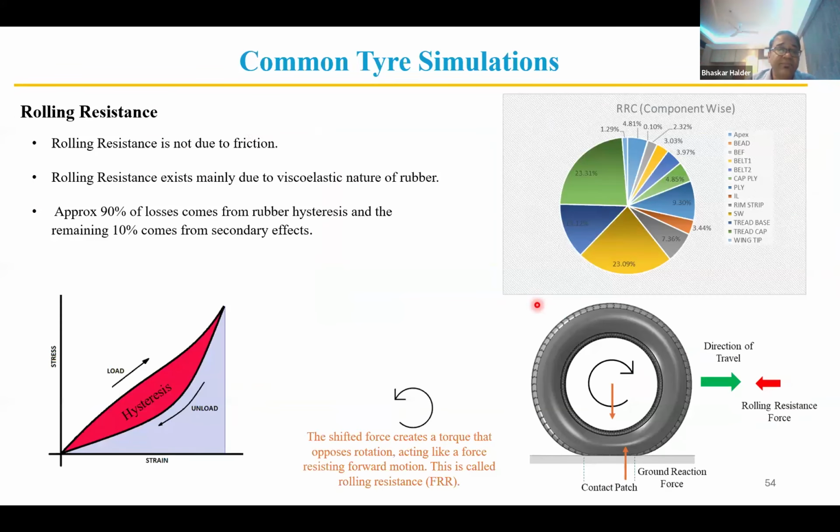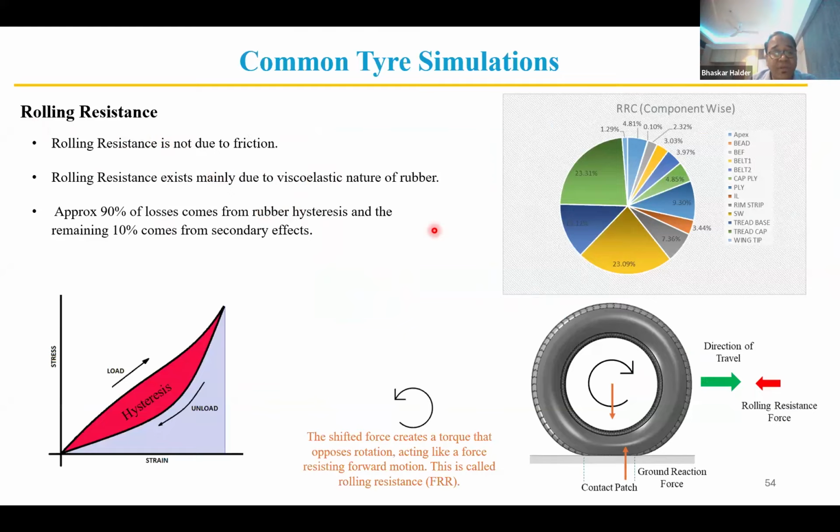Another more important point is how I can predict the rolling resistance of the tire, because rolling resistance is not due only to friction. The main reason is the viscoelastic behavior of the rubber.